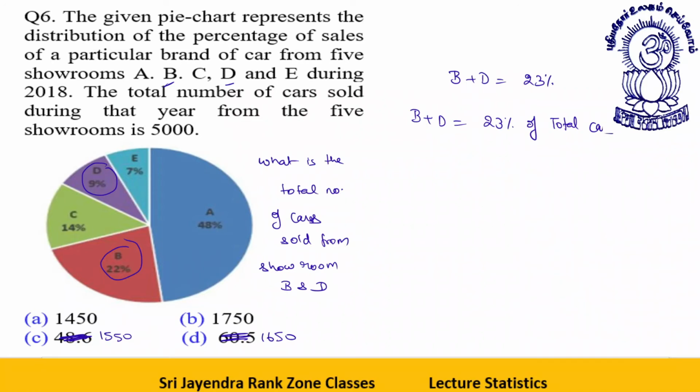What are the total number of cars sold? That is 23 by 100 of 5,000. Double zero double zero cancel. 23 into 5 is 1150.